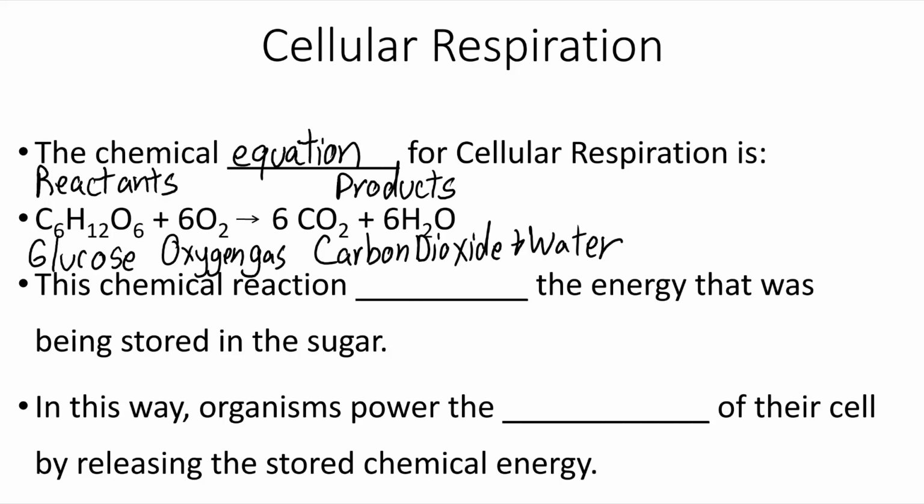Now, cellular respiration, this chemical reaction releases the energy that was being stored in the sugar that was made during photosynthesis. In this way, organisms power the activities of their cell by releasing the stored chemical energy.